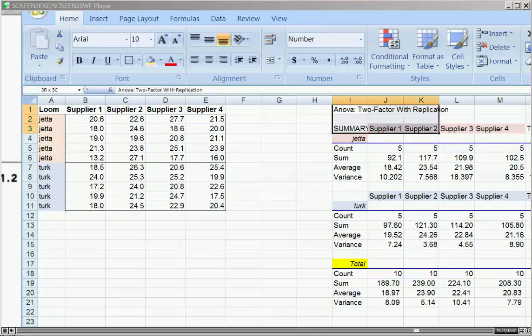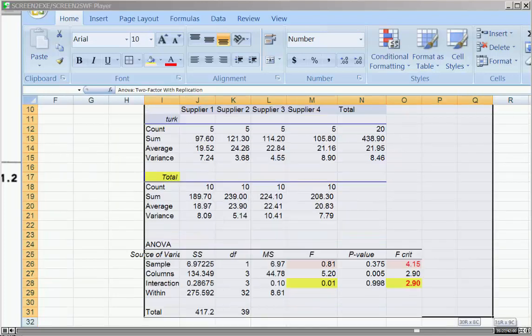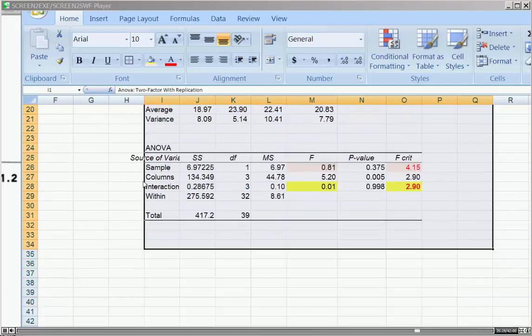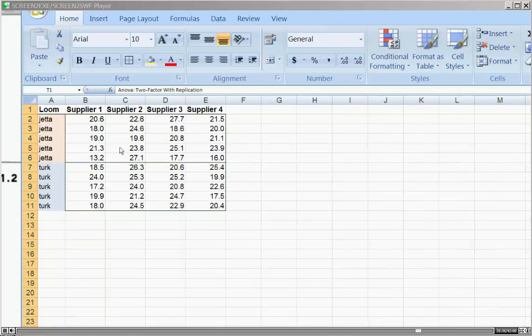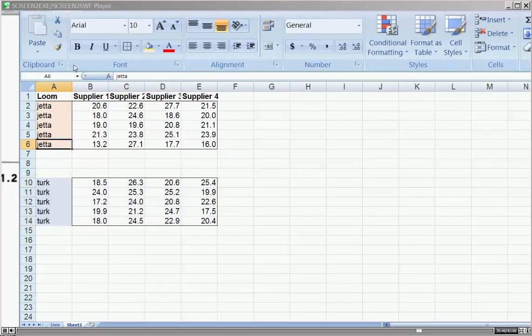We're going to move the ANOVA to the side a little bit. Now, what we're going to do is separate them and calculate the mean. So this is Jetta.